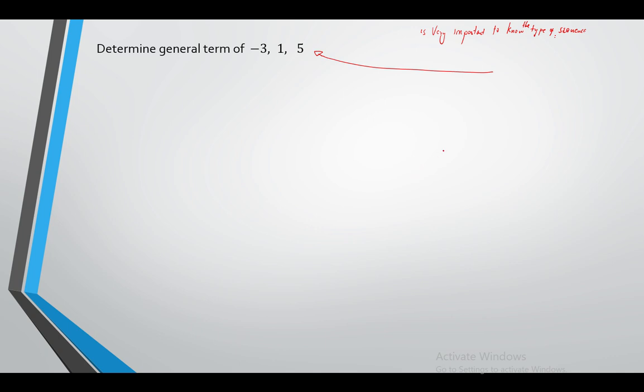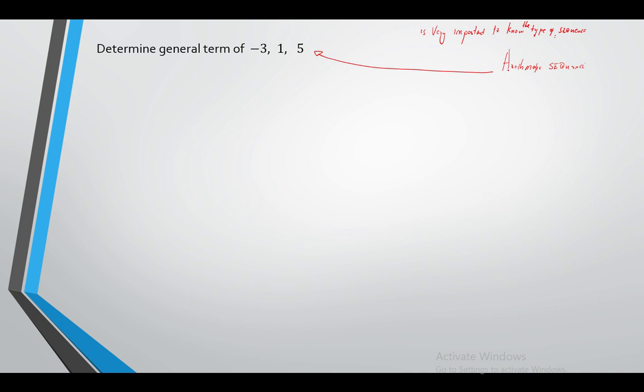I'm going to check first if it's an arithmetic sequence. How will I know that the sequence minus 3, 1, 5 is arithmetic? Do you know what an arithmetic sequence is? We talked about it.